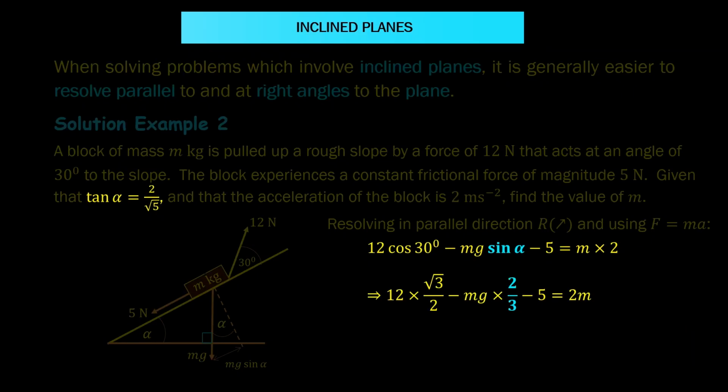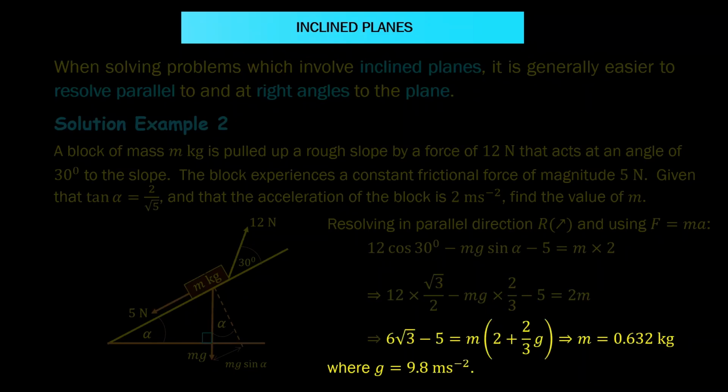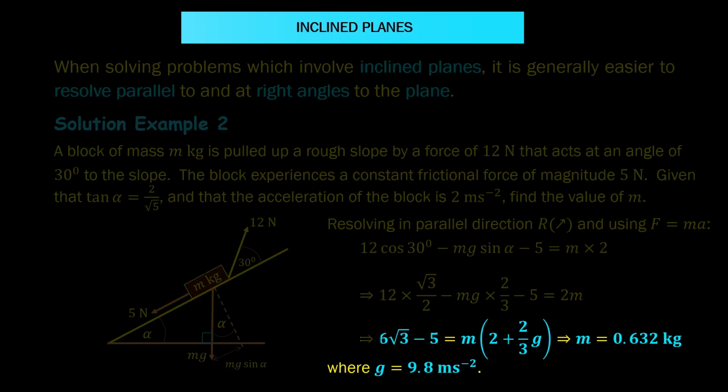We can now plug this into our equation as shown. We know that cos 30 degrees equals root 3 over 2. And we can now solve for m. We can also plug in g equals 9.8 meters per second squared to give us m equals 0.632 kilograms.